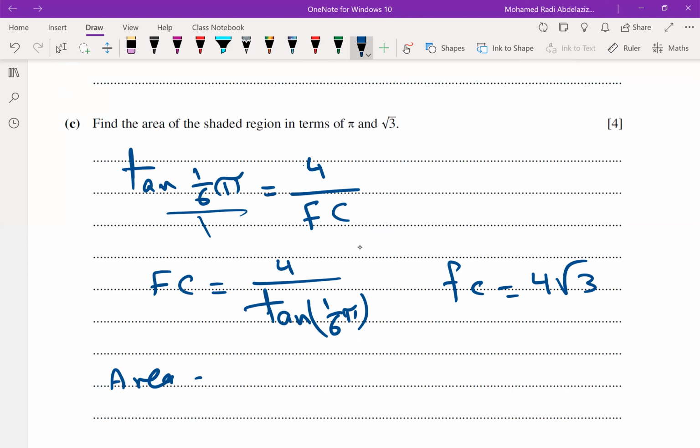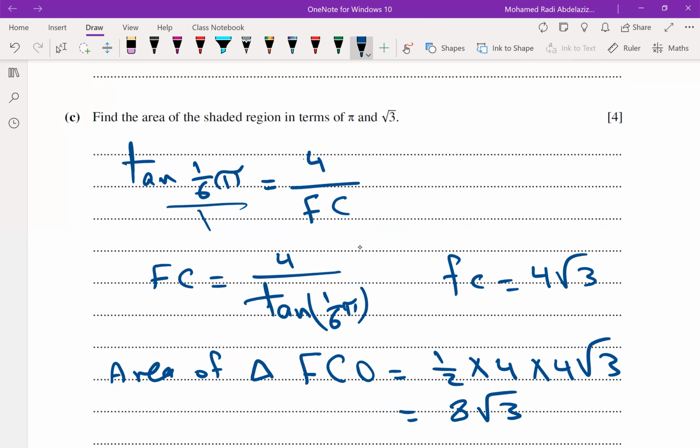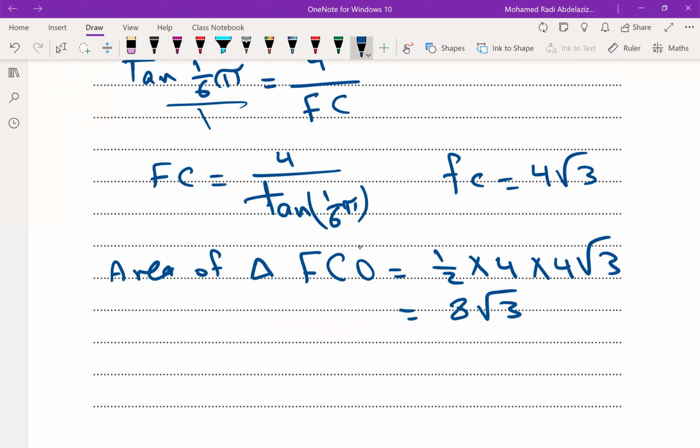Area of triangle FCO is half base, which is 4, times height, which is 4 root 3. Simplify, your answer will be 8 root 3. Keep your answer exact. This is the area of the small shaded part, as I show you like this.